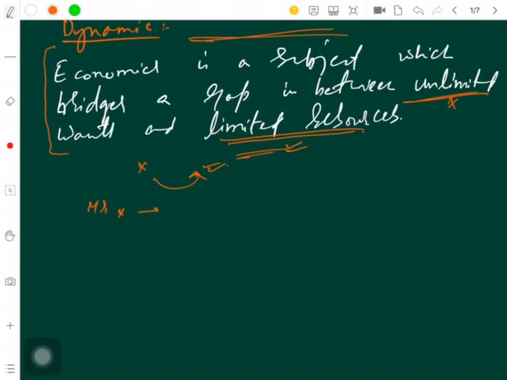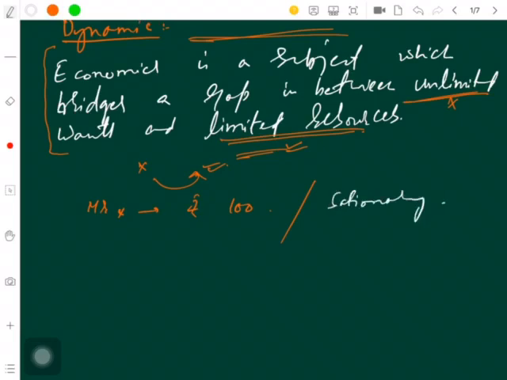He has only, say, 100 rupees in his pocket, and he goes to the market to buy some, say, fruits, vegetables, or daily household utilities, or maybe some stationery items. Let us say he has to buy some stationery items.